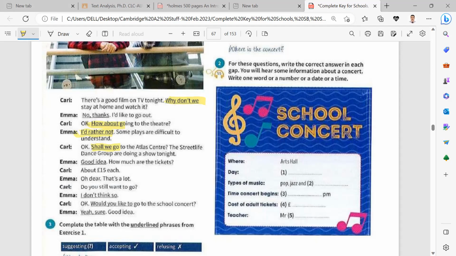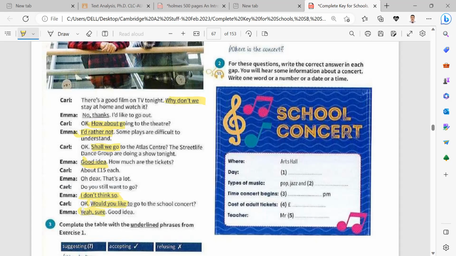Good idea. How much are the tickets? About £15 each. Oh dear, that's a lot. Do you still want to go? I don't think so. Would you like to go to the school concert? Yeah, sure. Good idea.